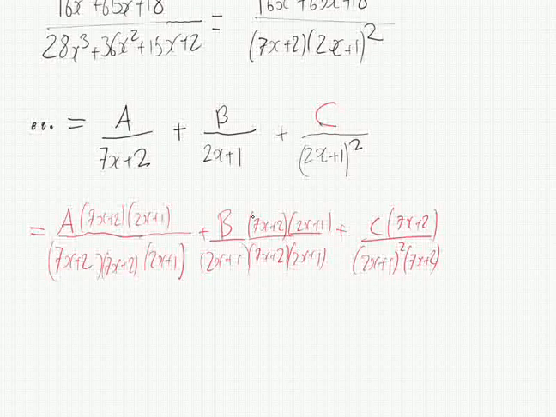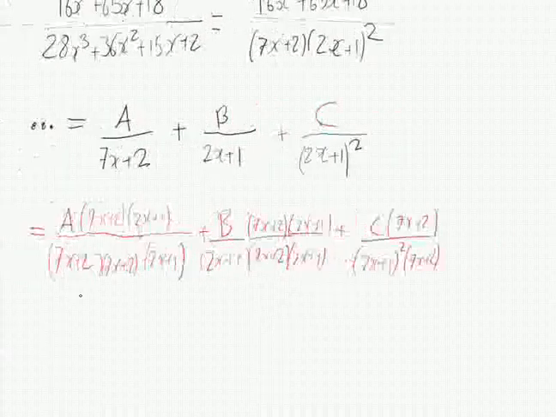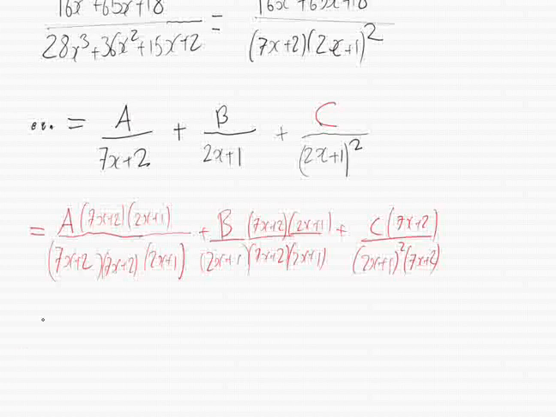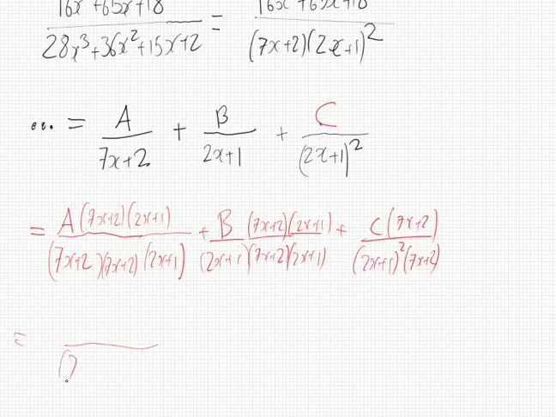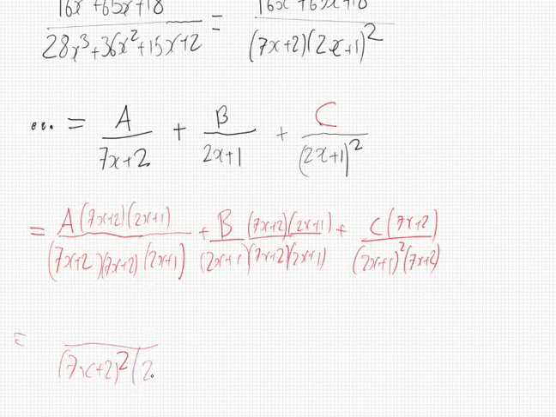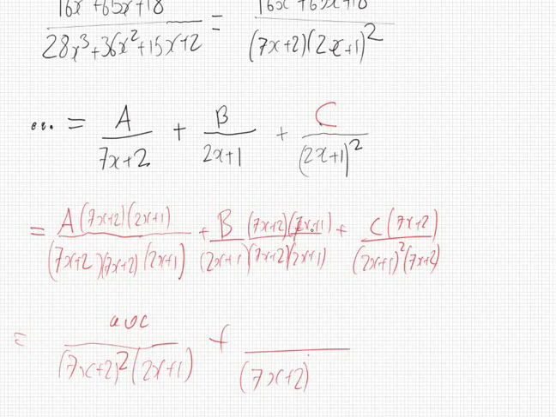Now if you look at my denominators, this is 7x plus 2, 7x plus 2, so that's 7x plus 2 squared times 2x plus 1, and so on, plus, and then here it'd be the same thing, 7x plus 2. Oh sorry, I put the wrong one there, that should have been 7x plus 2.